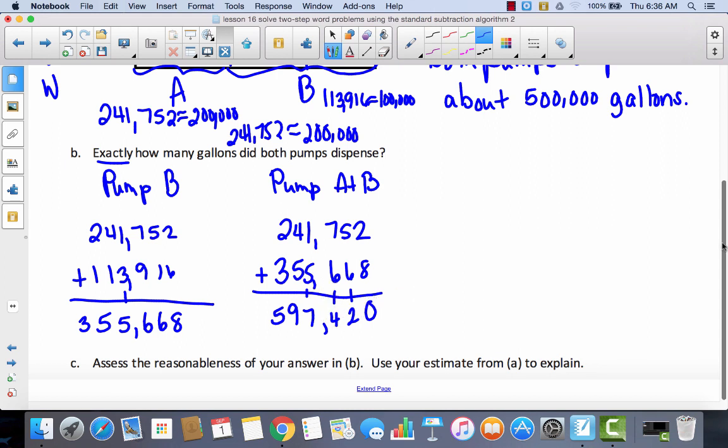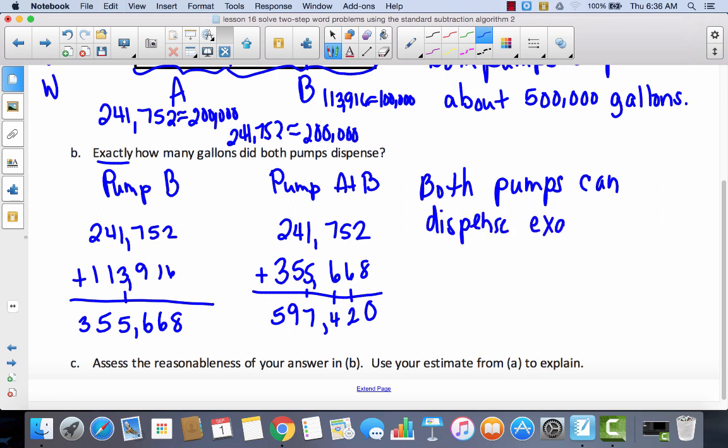All right, so now we're ready to write our sentence. Both pumps can dispense exactly 597,420 gallons.